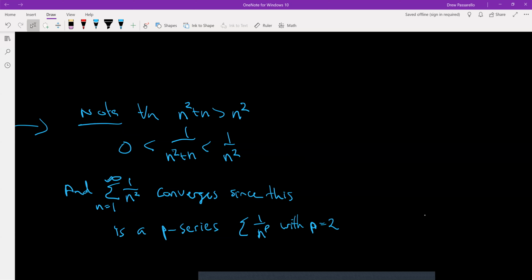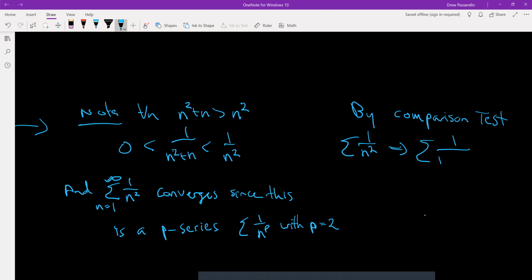So by comparison test, the convergence of 1 over n squared implies the convergence of 1 over n squared plus n.